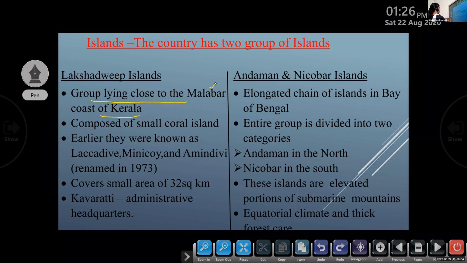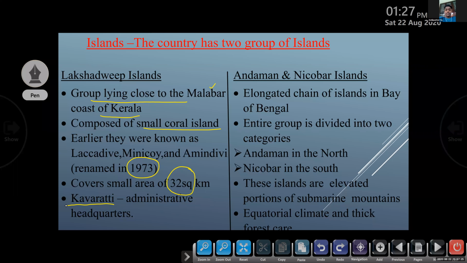It is composed of many coral islands. Till 1973, the Lakshadweep Islands were known by different names, and it was renamed in 1973. After that, it came to be known as the Lakshadweep Islands. Its total area is 32 square kilometers. Kavaratti is the headquarters of Lakshadweep Islands.